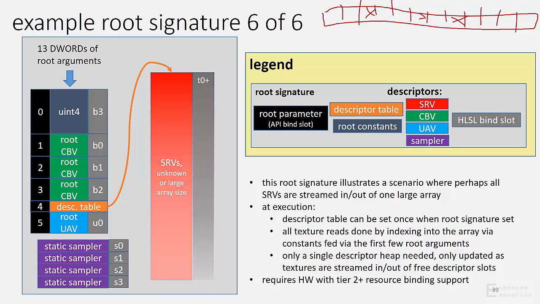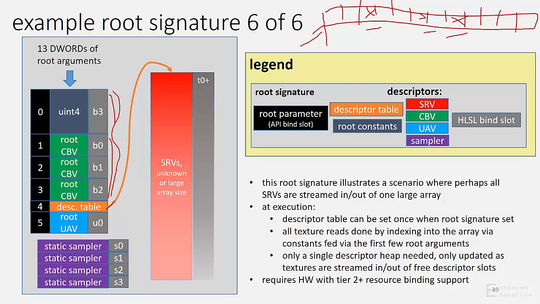At the beginning of each command list recording, you would set the one descriptor table pointer in the root signature to the start of this descriptor heap. And then the way you would have shaders find the individual textures that they need to use is by identifying the offsets into the descriptor heap using various forms of constants like root constants or root constant buffer views.